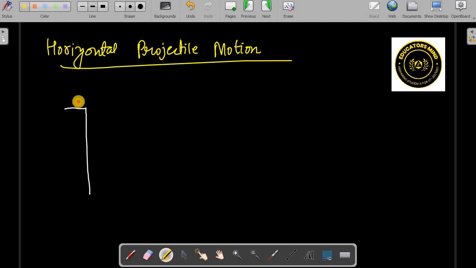Okay, so this is the object, let us say, and you want to project it from here with a speed v. Here the trajectory will be like this. It will go like this. This is the projectile.